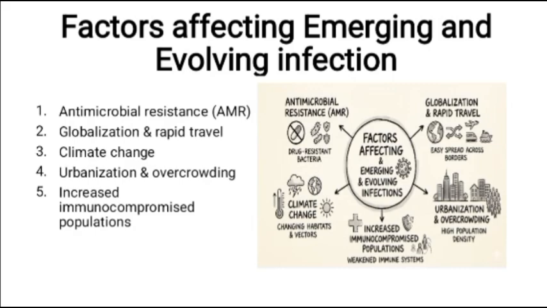So a lot of people are no longer immunocompetent, they are immunocompromised. And this is creating a good situation for these emerging and evolving pathogens to enter the human body and colonize a lot of tissues, either in a localized infection or a secondary infection where a lot of tissues and organs would be affected.